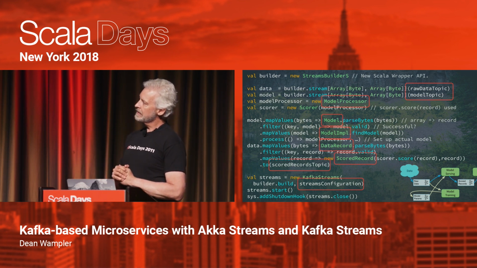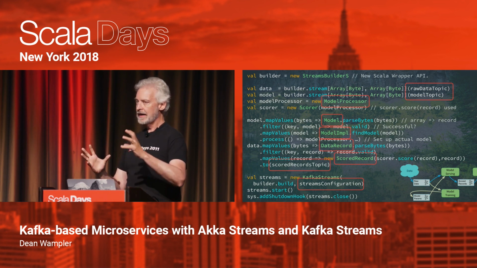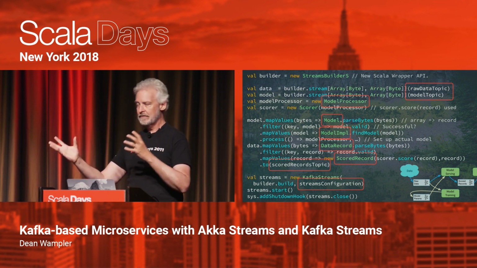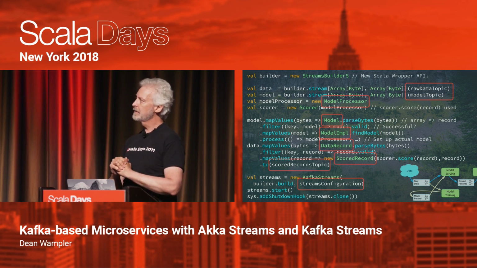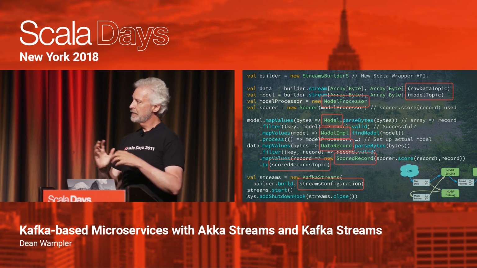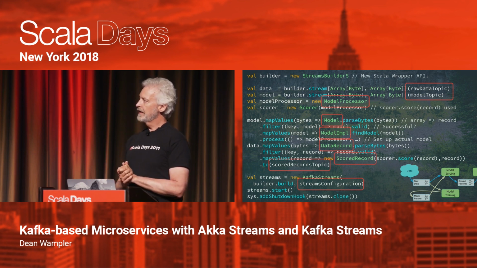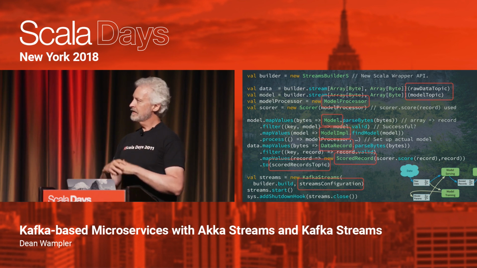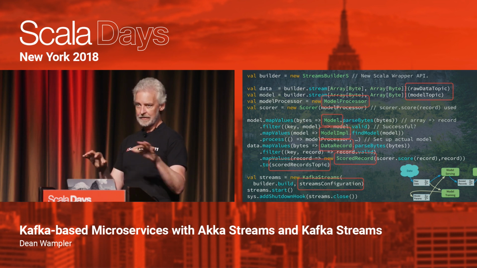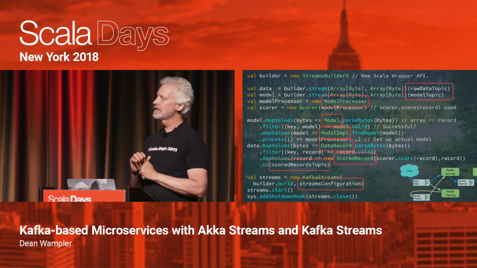The next thing I'll have is this model, which will be the thing that manages, oh, you just sent me a new bunch of parameters, and now I need to figure out what kind of model you want me to implement. I'll spin up an implementation of that model and then put it into the stream. And then we'll have a notion of some data record that encapsulates whatever it is we're actually scoring, whether it's credit card transactions or people surfing on my website, whatever.